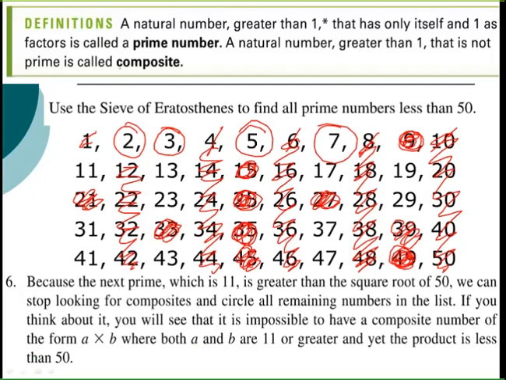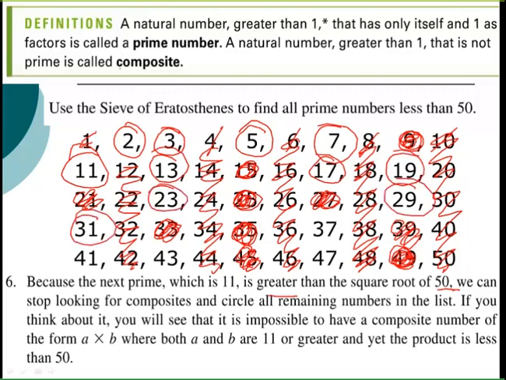And then the next prime is 11, and it's greater than the square root of 50. And this is where it's interesting, because it says as soon as you did that, you can stop looking for composites and circle all the remaining numbers in the list. 13, 17, 19, 23, 29, 31, 37, 41, 43, 47 are all prime.